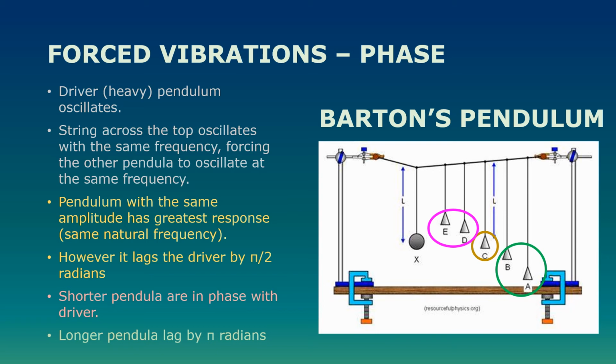So the key thing here is to just learn the phase relationships. They're just something you have to know. So shorter pendulums are in phase, the resonating pendulum is pi/2 or 1/4 of a cycle out of phase, and the longer pendulums are approximately a whole half a cycle or pi radians out of phase.